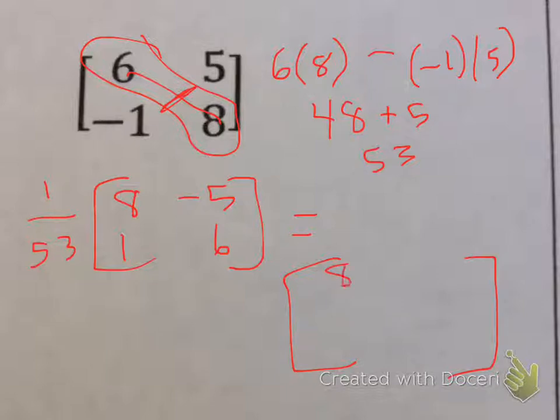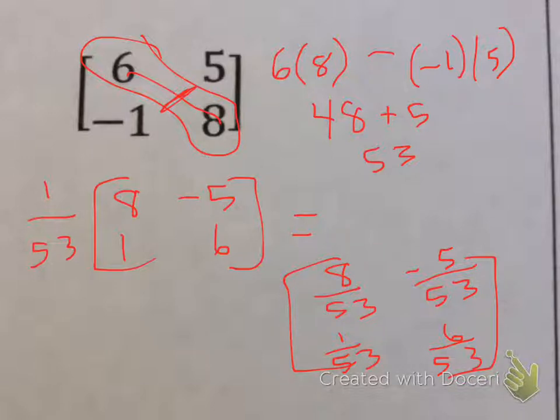You can totally just let your calculator do this. So 8 times 1 over 53 is 8/53. -5 times 1 over 53 is -5 over 53. 1 times 1 over 53 is 1/53. And then 6 over 53 would be your last answer. So really ugly, but that would be our inverse matrix right here. This would be my solution.